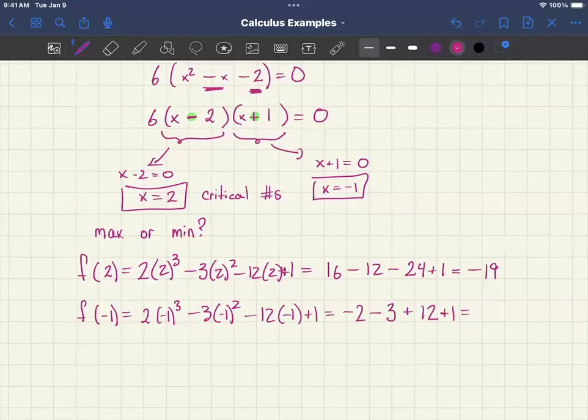So this is going to give us a +8, which means that we have a maximum at x equal to -1 and a minimum at x equal to, whoops, not 8, at +2. There we go.